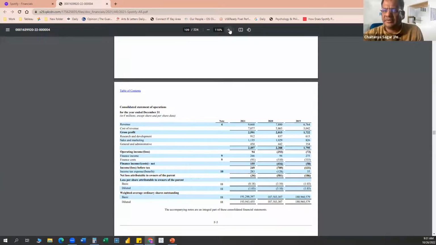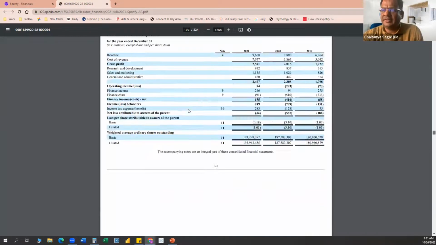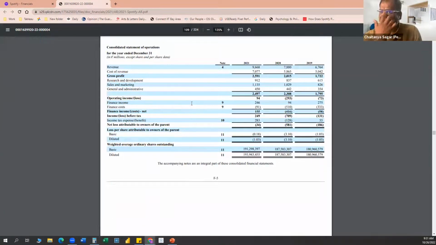So let's take a look at it. Maybe if you can zoom in, everyone can see. So this is 2021, I think. We'll look at just the income statement. I think that will be very interesting.